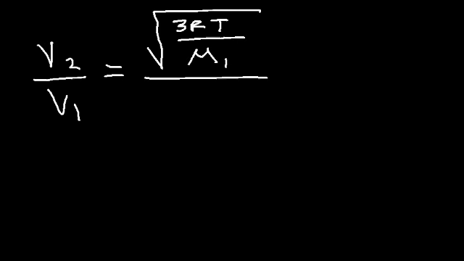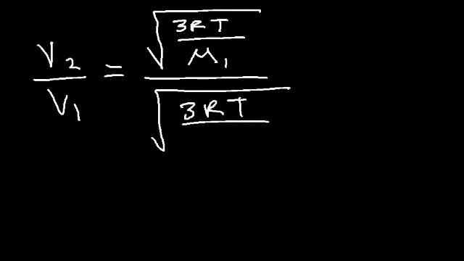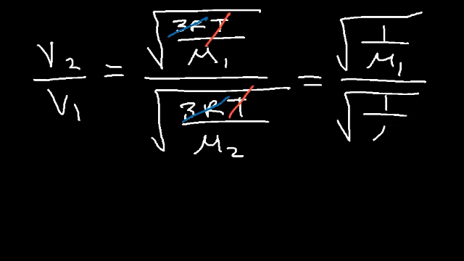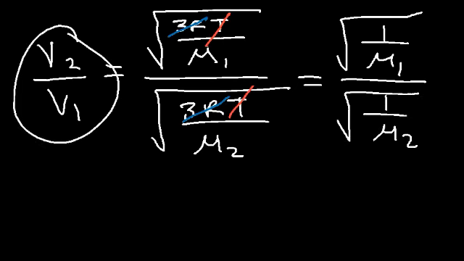The only thing that's changing is the molar mass, because Graham's law of effusion connects the rate of effusion to the molar mass of a gas. So if temperature is constant, we can cancel it from the equation. We can also cancel 3R. So therefore, what we have is the square root of 1 over M1 is equal to the square root of 1 over M2, and that's V2 over V1.